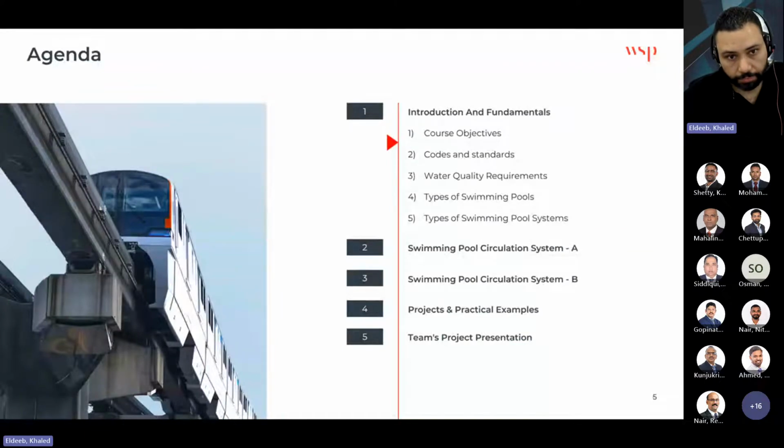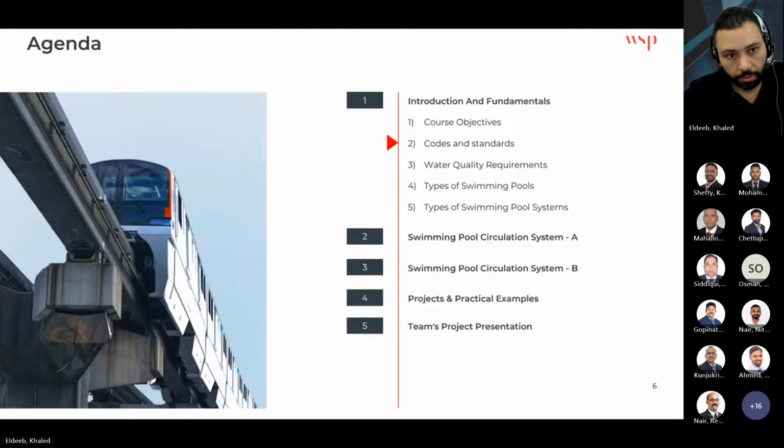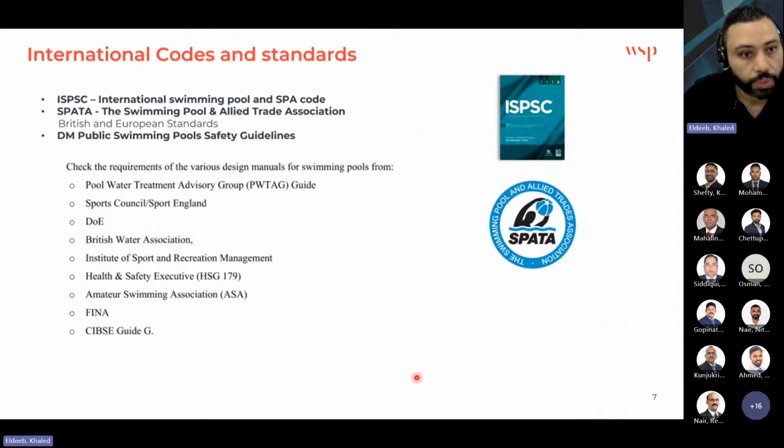So the next topic, the national codes and standards. Swimming pools, like any other system, must adhere to several codes and standards to ensure safety, functionality, and compliance with local regulations as well, such as the Dubai Code.